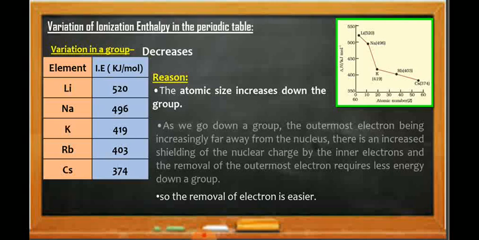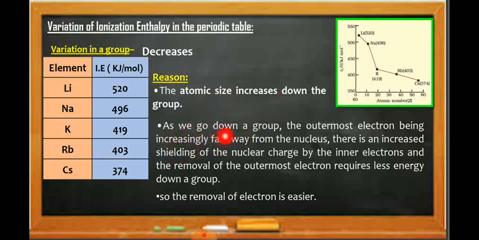What's the reason? When you move down, definitely the atomic radius increases, atomic size increases down the group. This we discussed in the last class. As we move down the group, the atomic number increases, the number of shells increases, therefore the distance between nucleus and outermost electron increases, atomic size increases. This is last class concept.